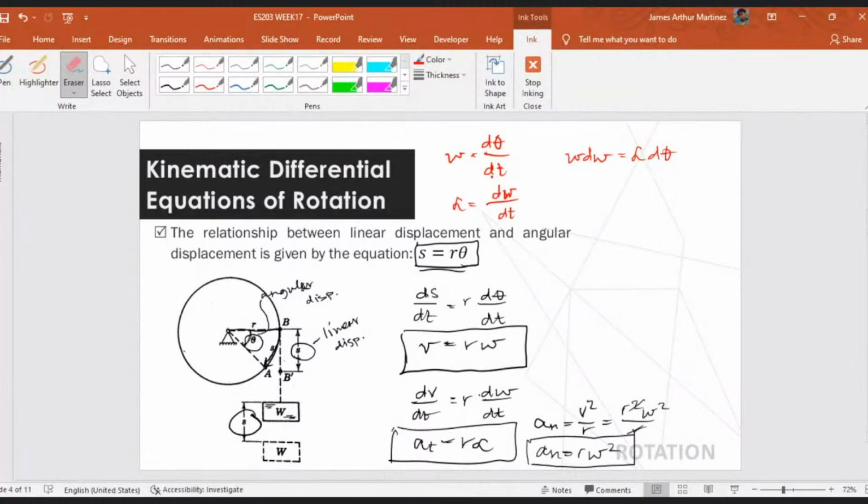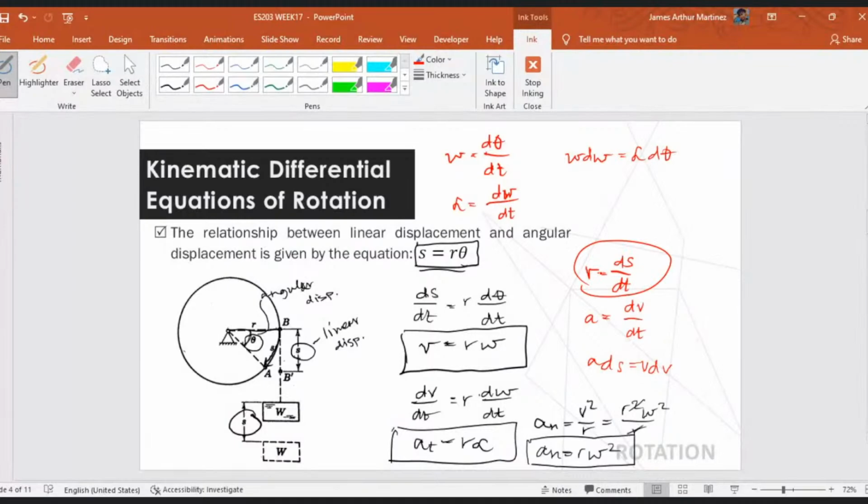And if you read them, they are the same. They are mathematically identical to the kinematic differential equations for translation. Since in translation, we have the differential equations: v equals ds over dt, acceleration is dv over dt, and a ds is equal to v dv.